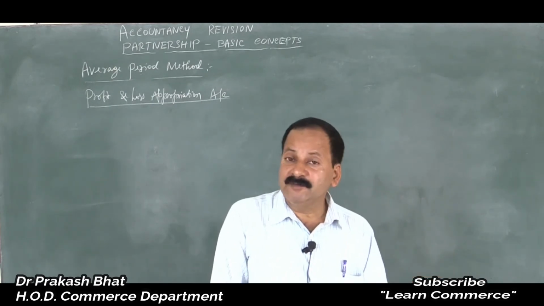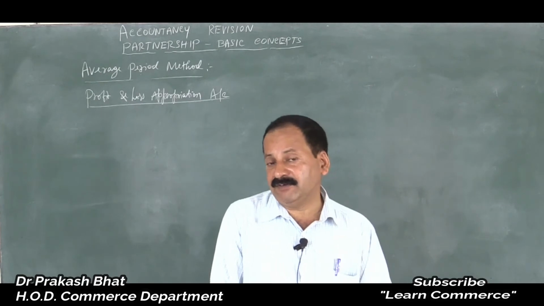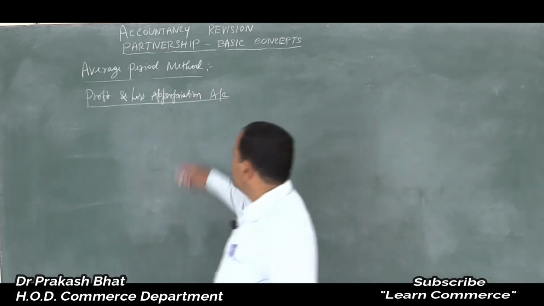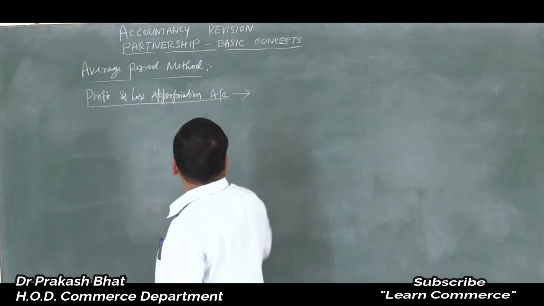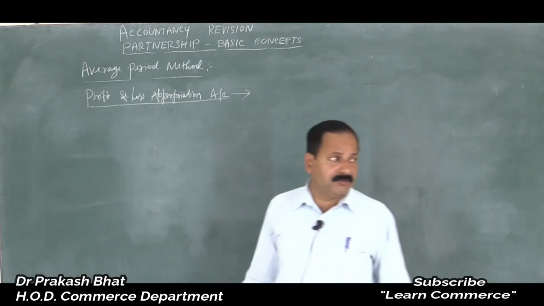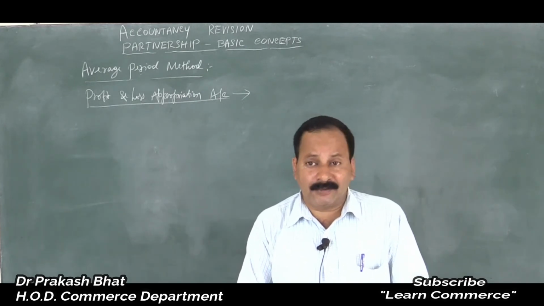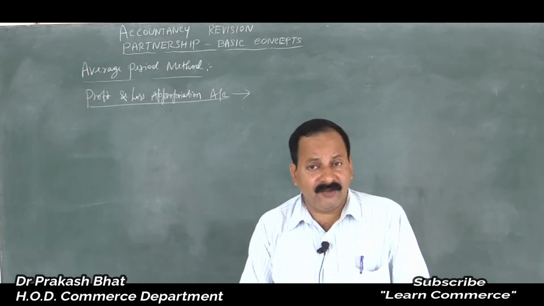But this is prepared by the firm and is the firm's account, not the partner's account. Keep this in mind first. The profit and loss appropriation account is prepared to account for the adjusting entries, not the regular entries. Capital and all these things will be entered in the capital account.